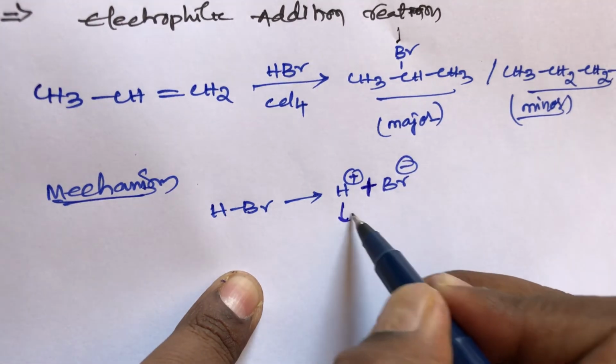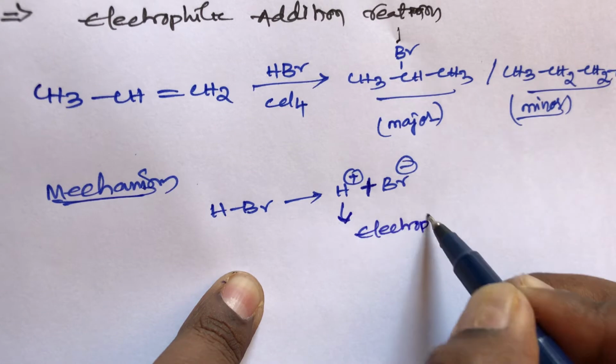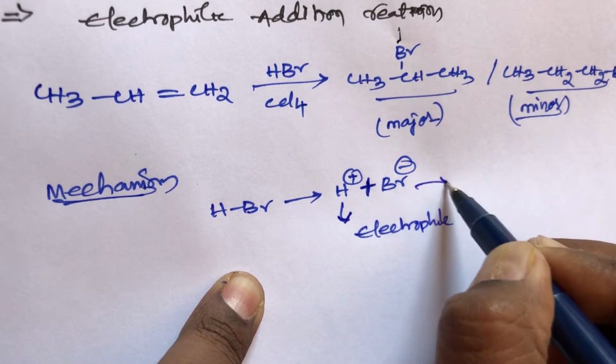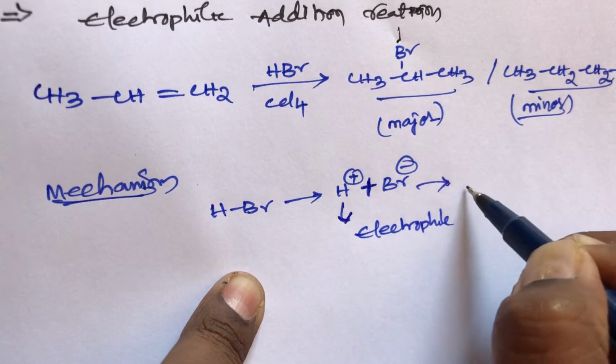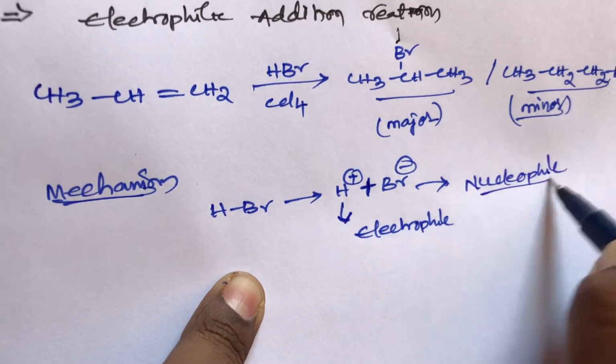This H plus, the positive species, is called the electrophile, and Br minus is called the nucleophile.